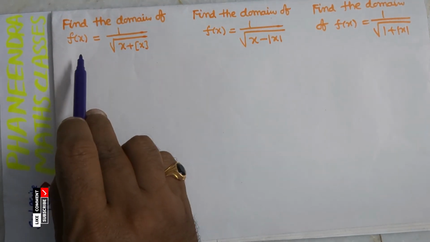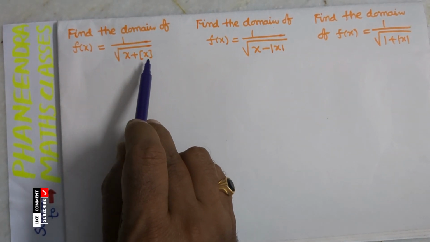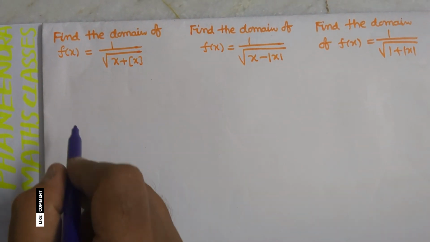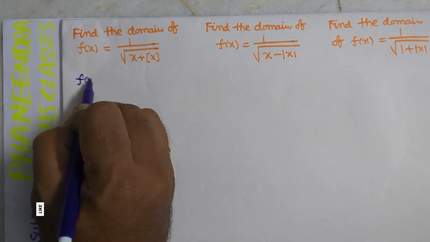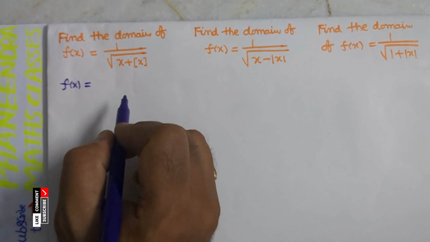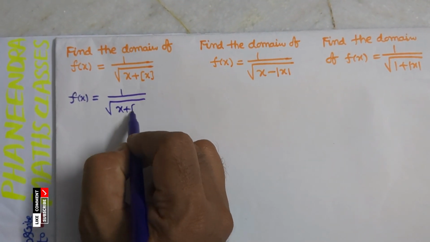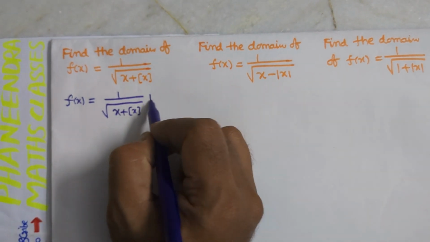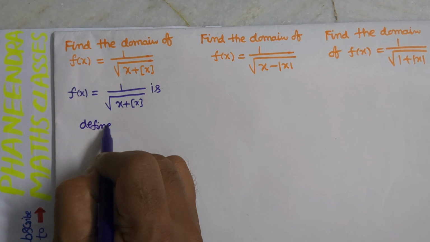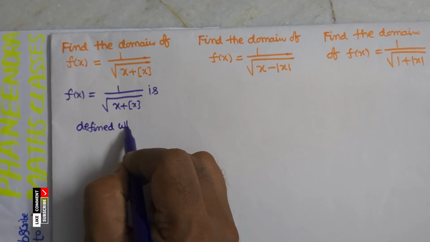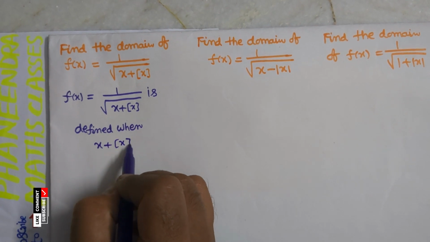Find the domain of f of x equal to 1 by root over x plus mod x. Like the previous problem, dear students, f of x equal to 1 by root x plus mod x is defined when x plus mod x is greater than 0.